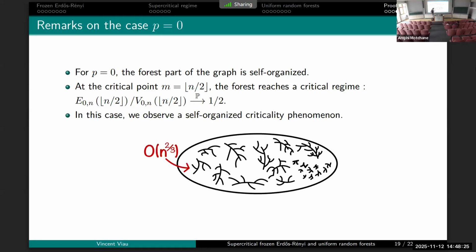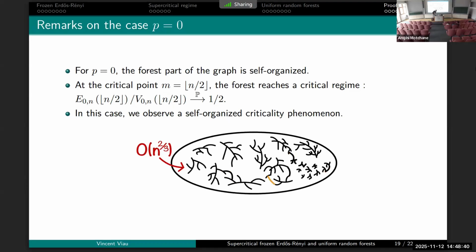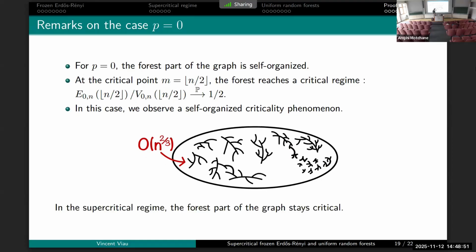Okay, so if you only look at the forest part of your graph, when you approach the critical regime, you have trees that are of size n to the 2/3. You just add edges, some trees are going to merge, and at one point you will create a cycle in a tree. But if you only look at the forest part of your graph, it just disappears from the forest.